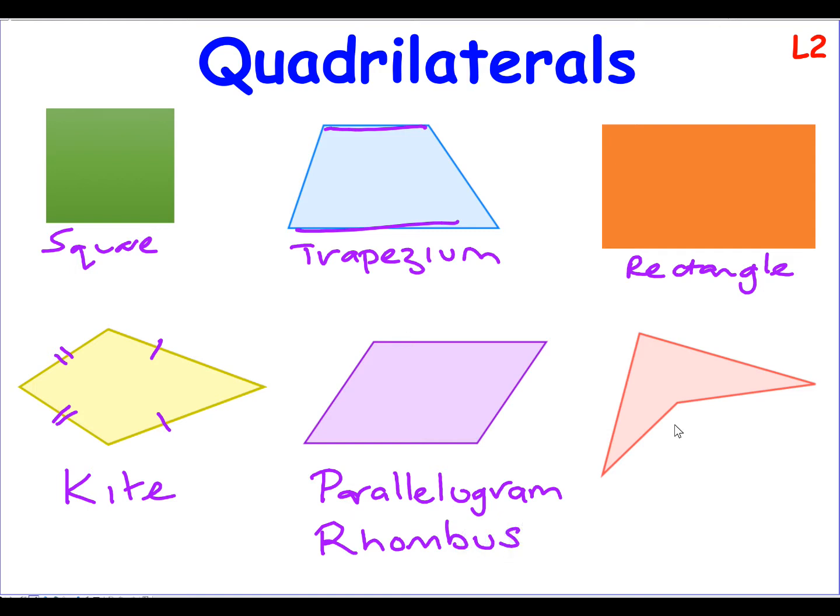And finally, a four-sided shape that has got all different sides is just an irregular quadrilateral. Now, what all of these quadrilaterals have in common is that their angles inside the shape all add up to 360 degrees. And we'll look at this a bit later on.